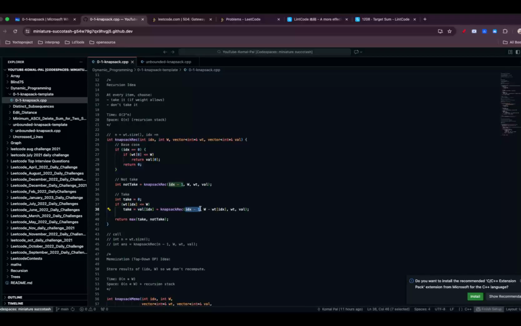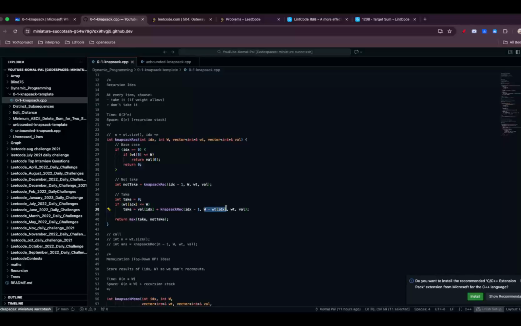That is anyhow required every time because we have passed that index. And we need to subtract that smaller weight from that bigger weight, because that means we have taken that smaller weight to put into that particular bigger weight, and now our bigger weight has this much capacity.